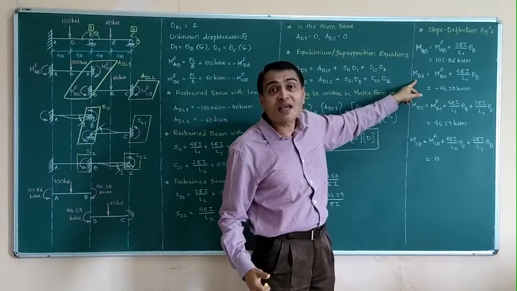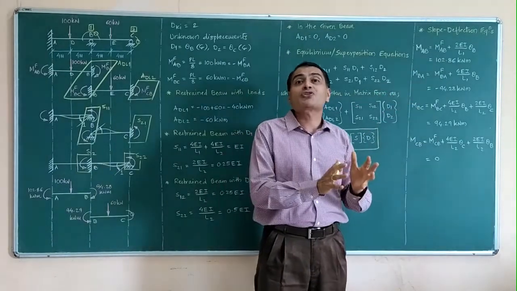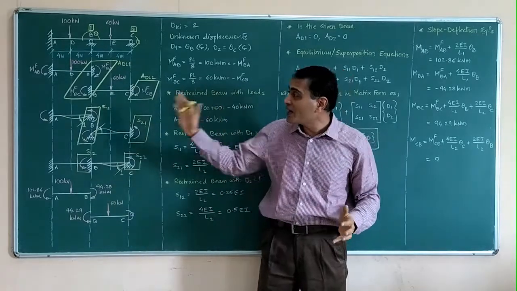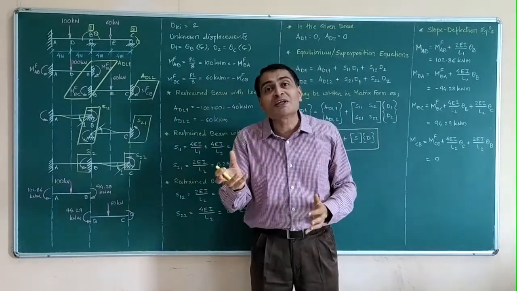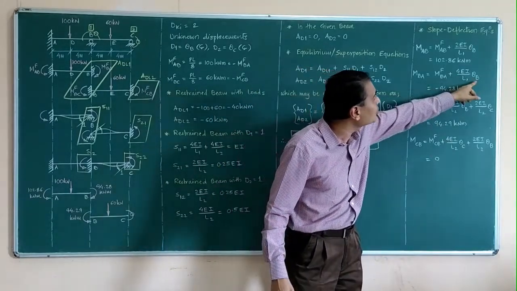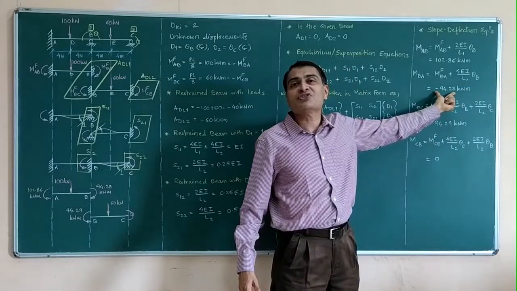Similarly, M of BA. So I am writing MF BA plus 4EI upon L1 into theta B, because for BA near end rotation theta B is taking place. On substitution, I get M of BA as this.